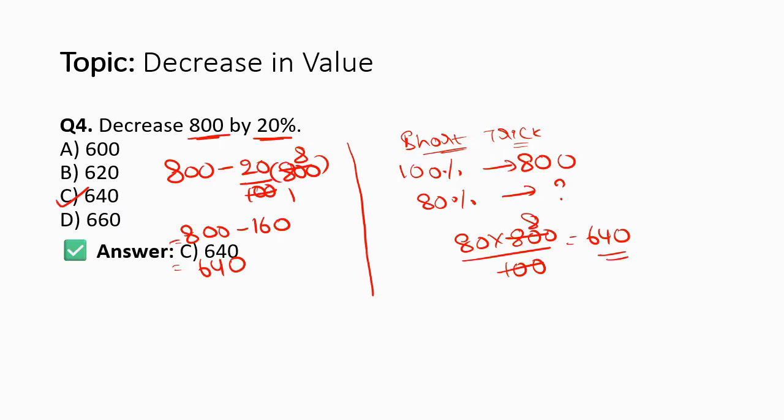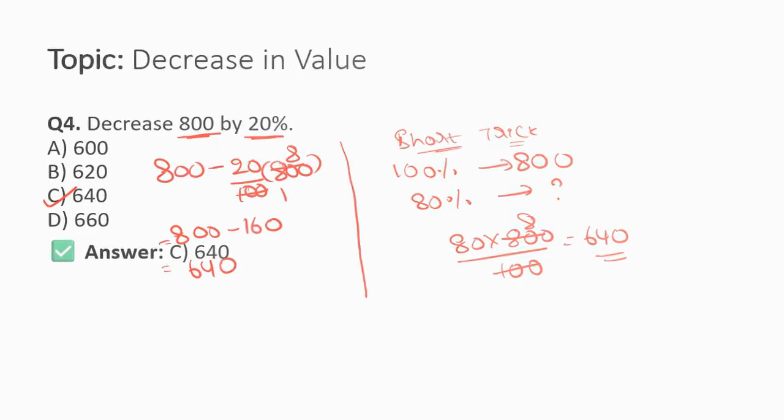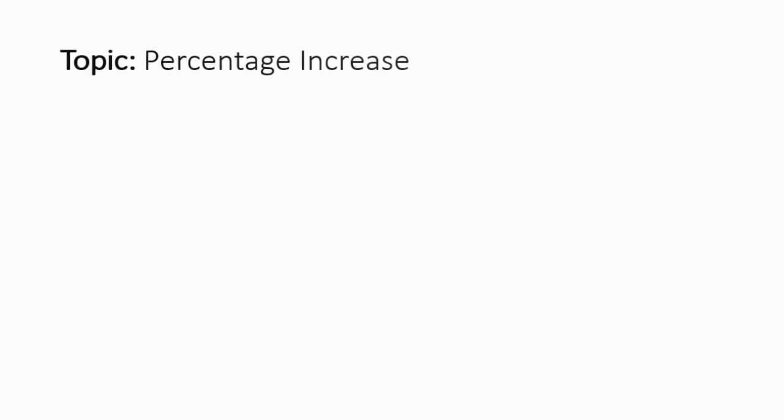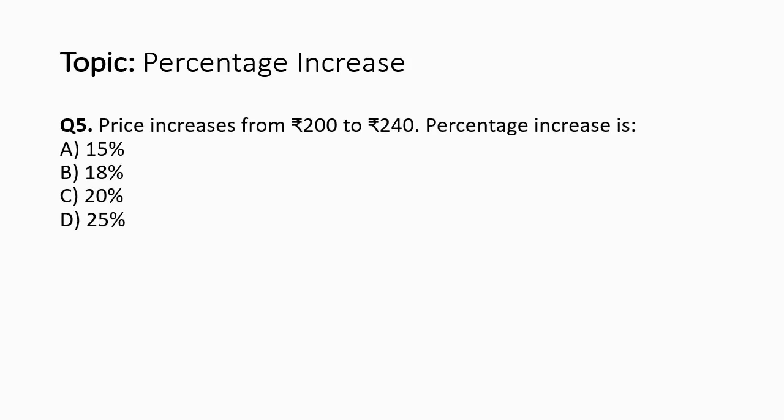Next topic is percentage increase. The price increases from 200 to 240. What is the percentage increase? We need to check. First, the initial value is equal to 200 and the final value is equal to 240.